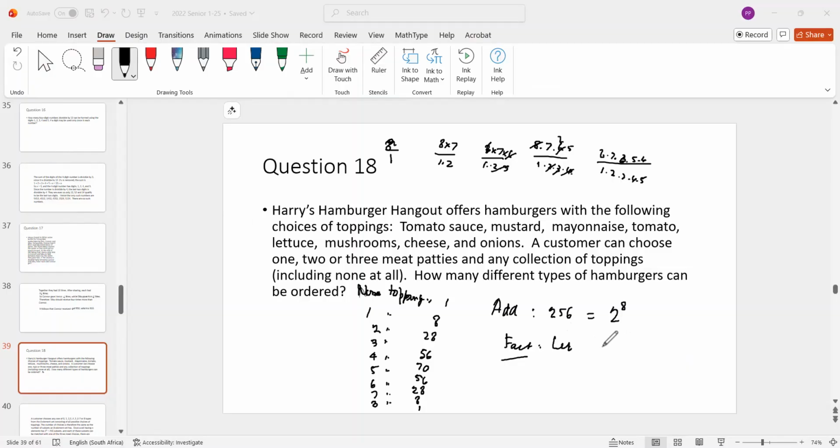Let a set have n elements. Then it has 2 to the power of n subsets.